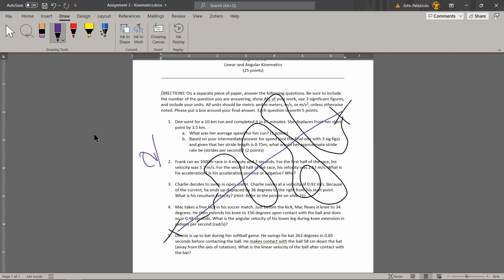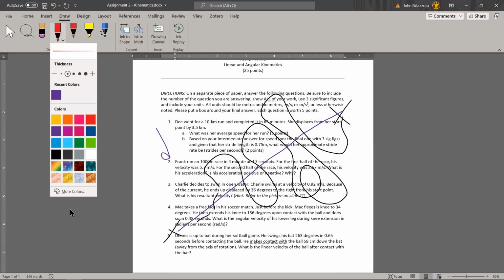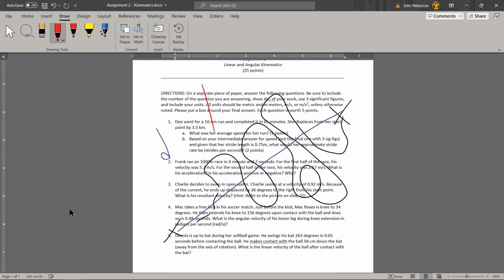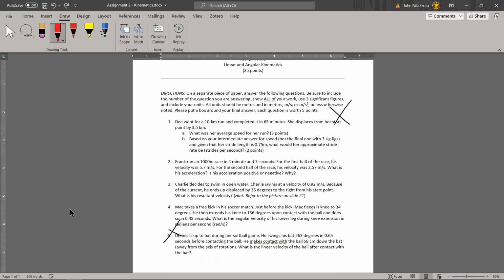I do apologize, my pen just doesn't work. I think my pen works fine, it's just my computer's touchscreen is not great. But we say displacement, we use small case d, and for distance, we use a capital D. Okay, so let's take another look at this. We'll get rid of all this nonsense on the screen.